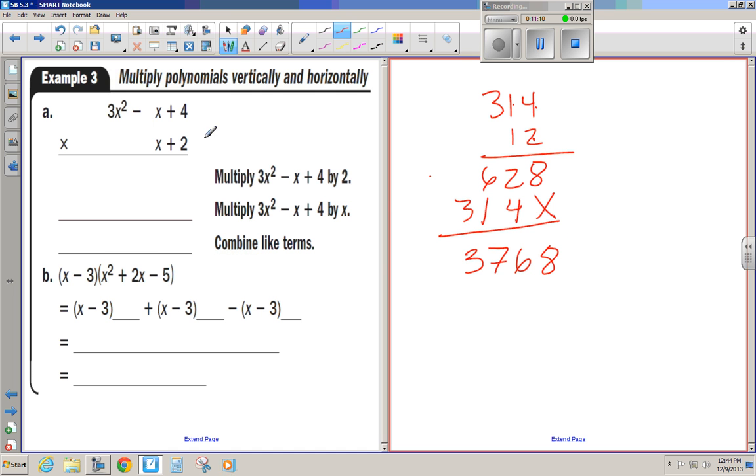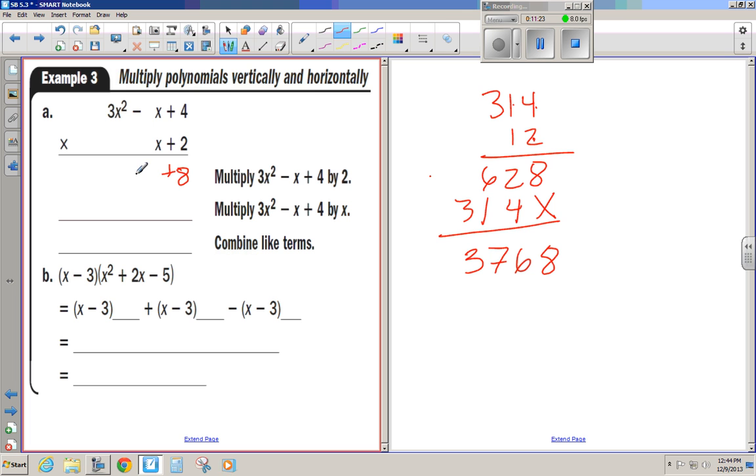For us, it's the same thing except we're using equations. So 2 times 4 is 8. 2 times x, 2 times negative x is negative 2x. 2 times 3x squared is 6x squared. Well, then just like before, we leave a blank or a 0 or a box there. And we line up the like terms.